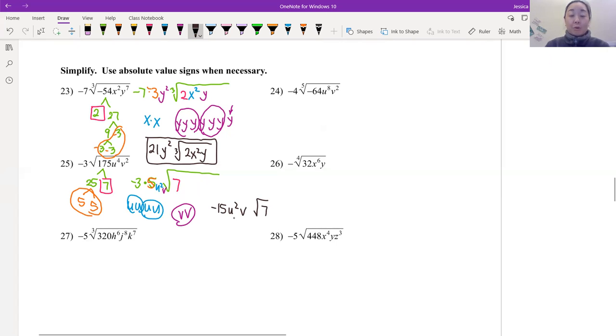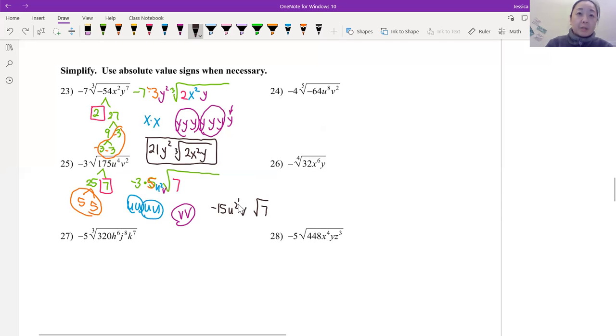Now, remember, this is square root, so we have to think about the absolute values. What has to have the absolute value? Well, the u squared is always going to be positive, so we don't have to worry about that. However, the v can't just be anything. Well, it can be anything, we're just going to make sure that it always stays positive, because we know that a square root's answer always has to be positive.